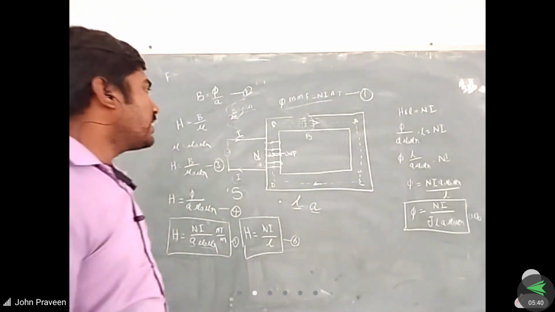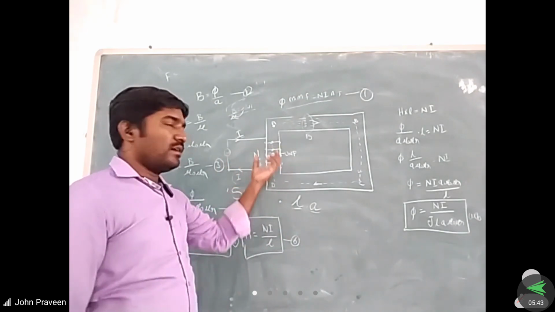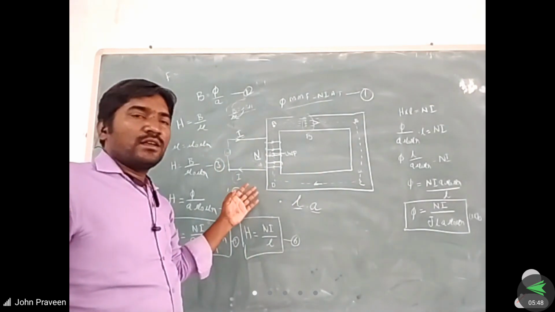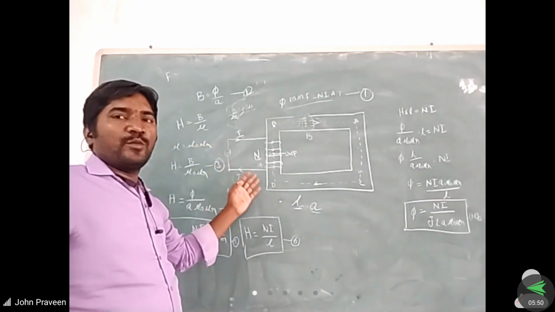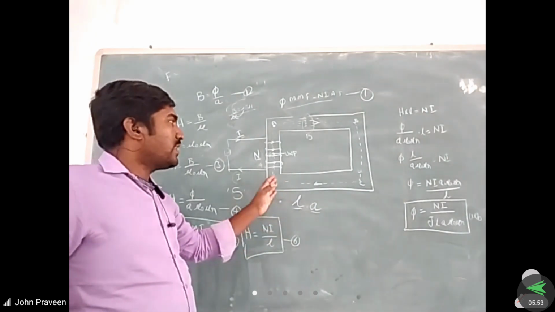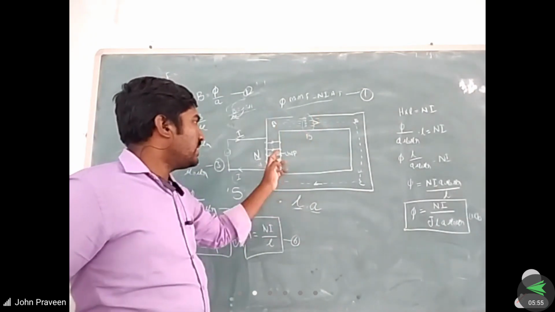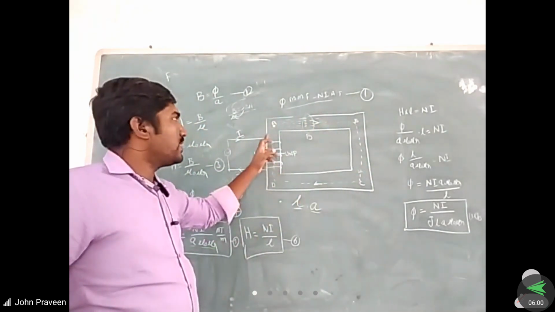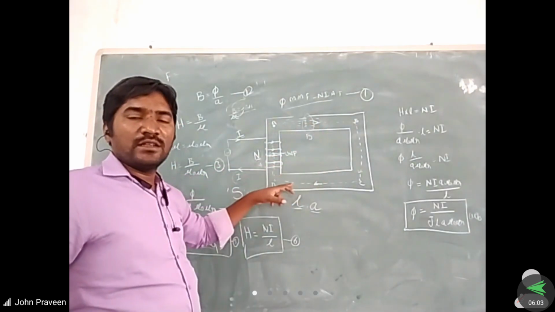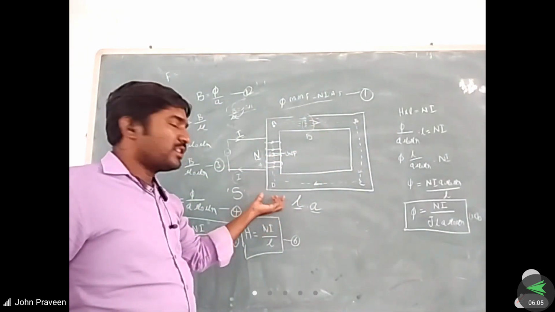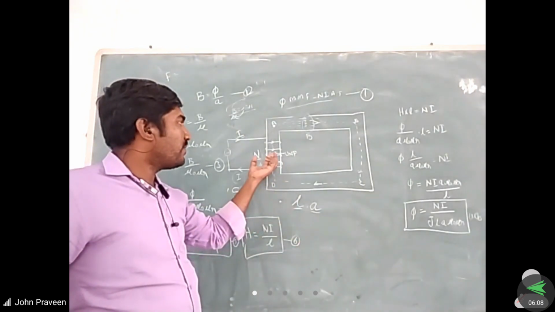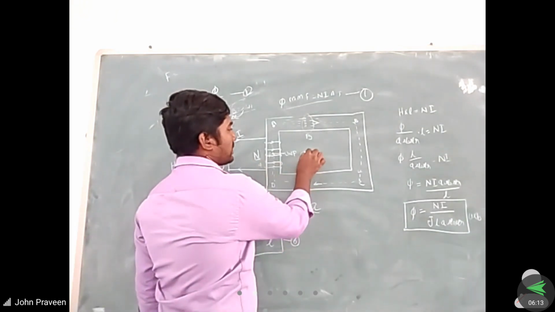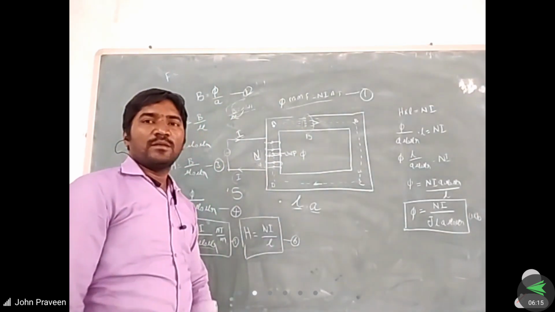Before going to the assumptions, first we selected a magnetic material and placed a copper winding on it. We connected it to the supply, which produces a magnetic field. We assume the magnetic field starts from here and closes through the path, which is the flux denoted by phi.